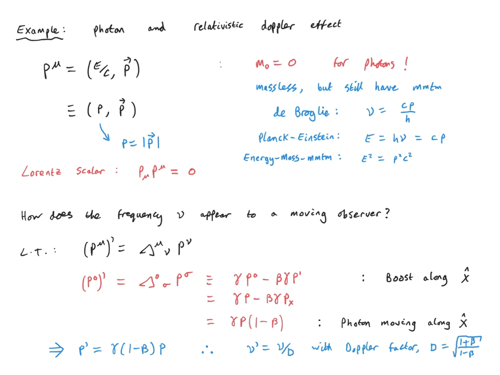Then we have a blue shift. The frequency is increased towards the blue side of the spectrum, whereas if we're moving in the same direction as the light, then we have a positive beta, and we have a red shift in the Doppler effect. This corresponds to the frequency decreasing. The colour of the light to the moving observer appears to be shifted towards the red end of the spectrum.